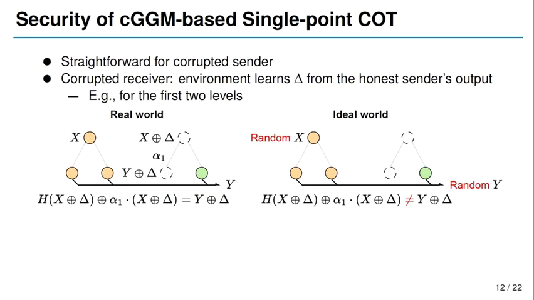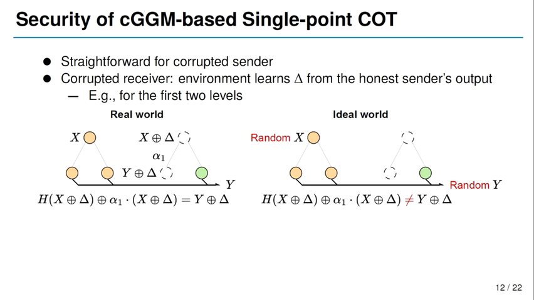And let's have a look at the GGM tree-based single-point COT. The semi-honest security is straightforward for the corrupted sender, but there is a subtle issue if the receiver is corrupted. The reason is that the environment can learn the global offset delta from the sender's output. And in the real world, there is a consistency with respect to this delta.